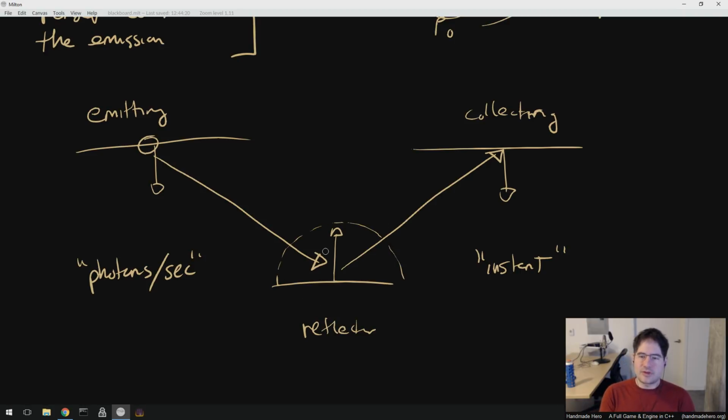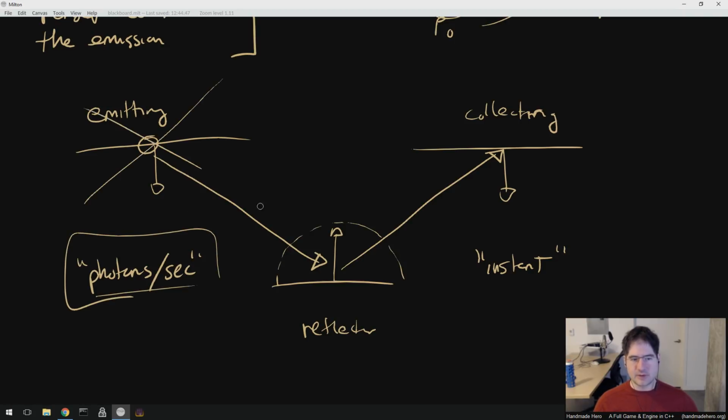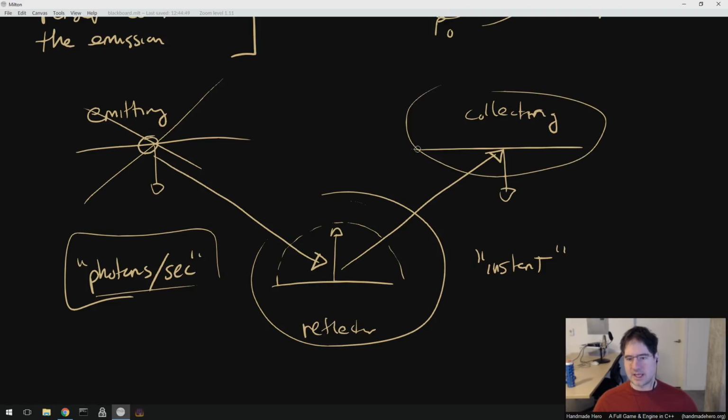Because even though there is no color, technically, at this reflector, because color is something that only happens when we perceive it, we can still store the quantity that we care about for reconstructing this scene. So let's say we wanted to remember a single value that would let us get rid of this emitter and just remember the reflector and then properly calculate what happened at the collector, right?